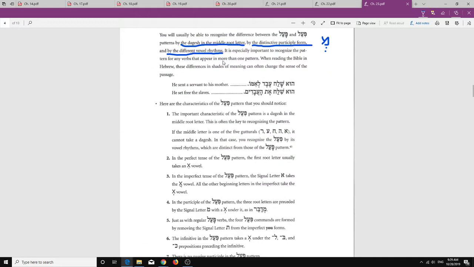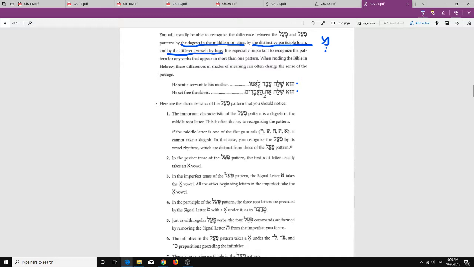Okay, let's jump back down here. Let's see some examples of how the meaning can change between the Pa'al and the Pi'el. Here we have hu shalach eved le'imo. So he sent a servant to his mother.